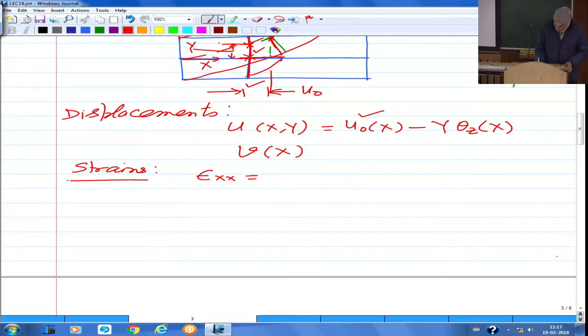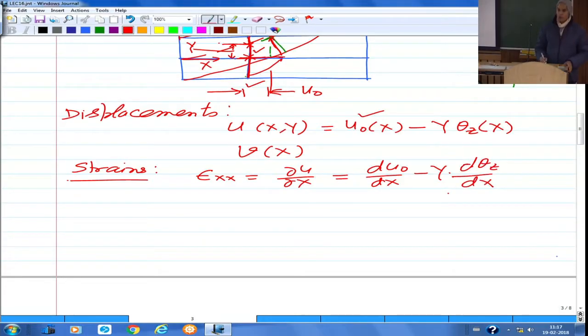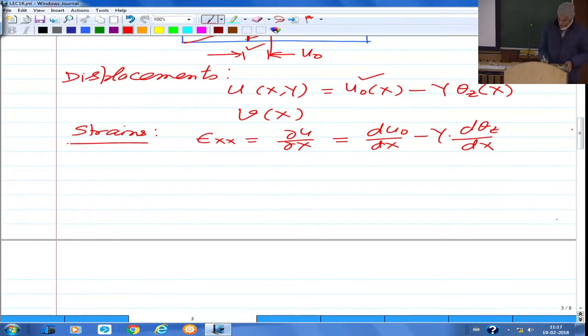So epsilon xx is del u by del x, which is du naught by dx minus y times d theta z by dx. This is as usual, you write the strain. The only thing is that epsilon xx is del u by del x, but u is written in terms of the axial displacement of a point on the middle surface and neutral axis, and then the y coordinate of any point along the y direction.